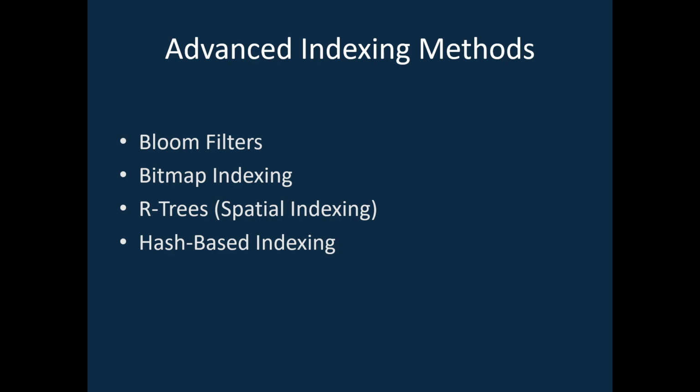So we use advanced indexing methods like Bloom filters, bitmaps, R-trees, and hash-based indexes. These help speed up queries in high-volume, specialized environments like big data warehouses and spatial systems.